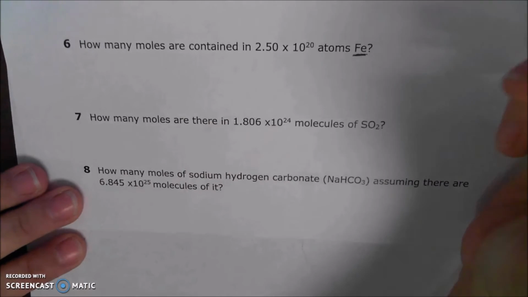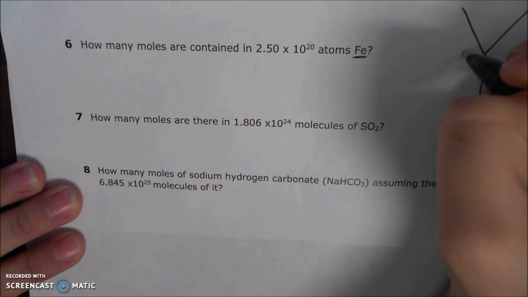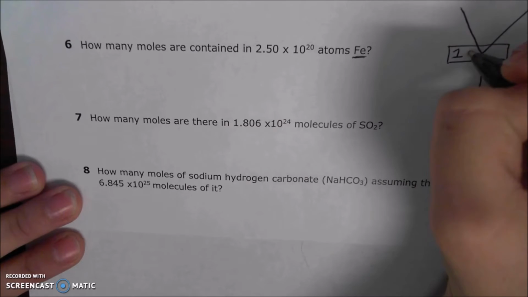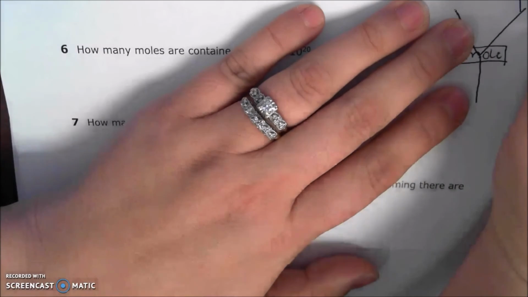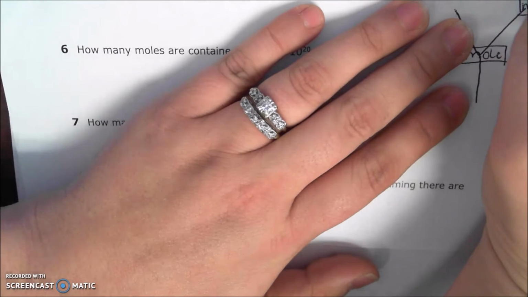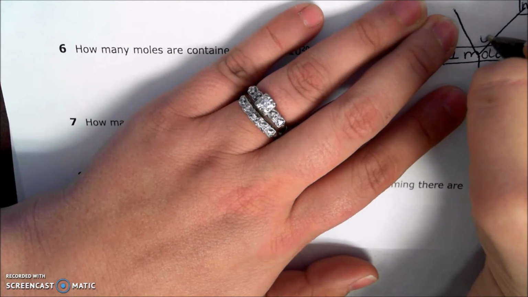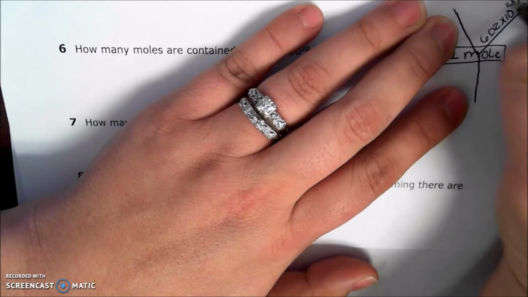Remember our first step, we should be looking at that mole map. I'm only going to draw in the portion of the mole map that we're using today. So this is 1 mole, and then we've got molecules here. And what was our conversion factor? 6.02 times 10 to the 23rd.